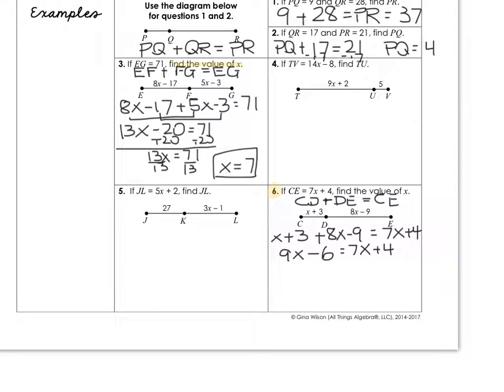Subtract 7x from both sides. Add 6 to both sides. Divide by 2.